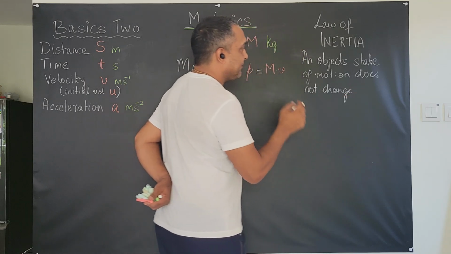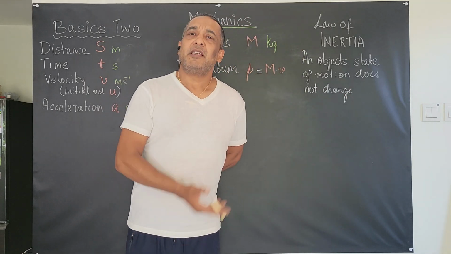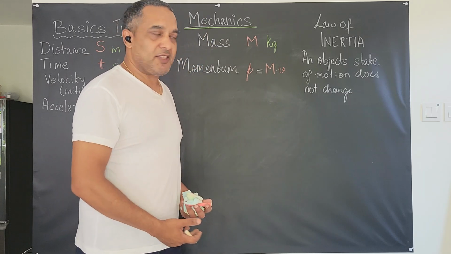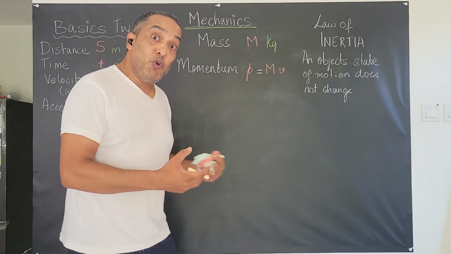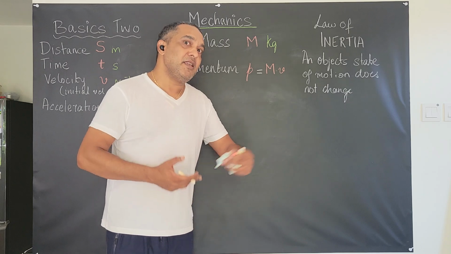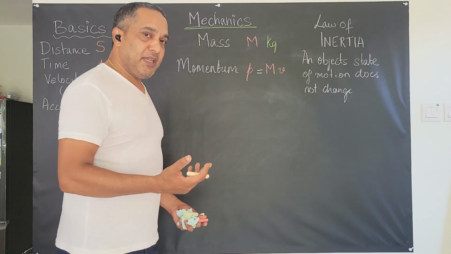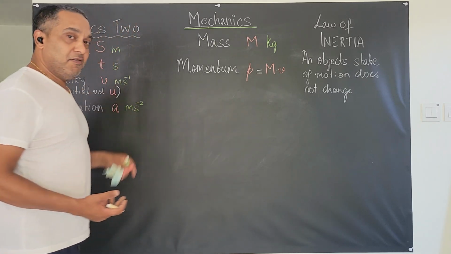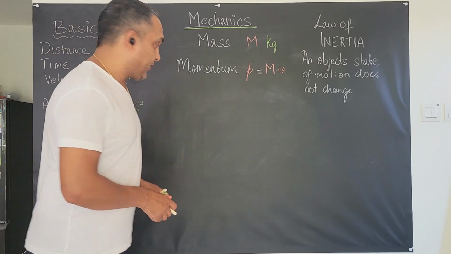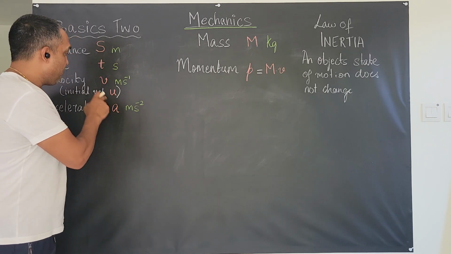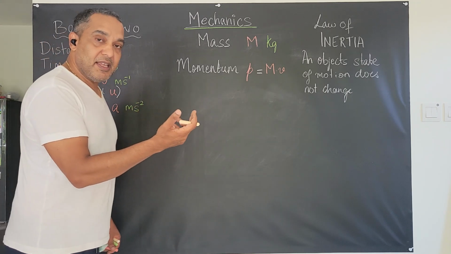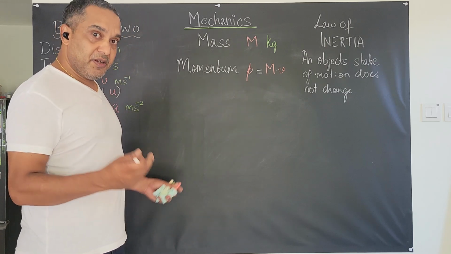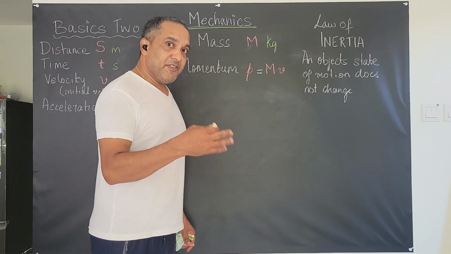Okay, and I'm using a generic term, state of motion. You'll find textbooks that say an object at rest continues to stay at rest, or an object in a state of uniform motion continues in that state. But to me, rest means velocity is zero because s is zero, and uniform motion means acceleration is zero because velocity is constant, so the derivative of velocity is zero. So I'm just using the generic term, but textbooks have different definitions.